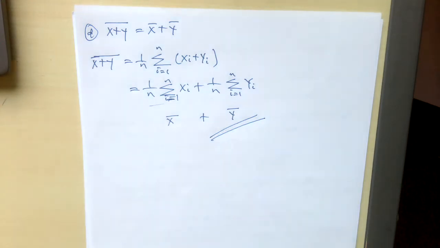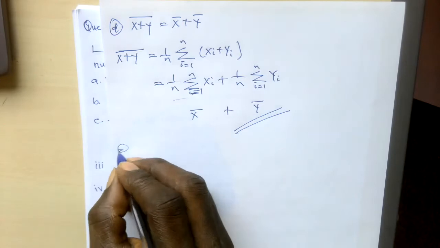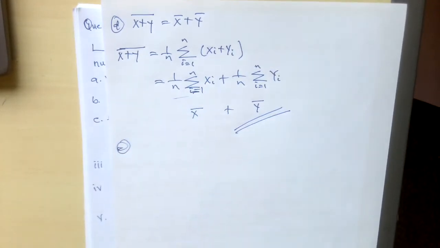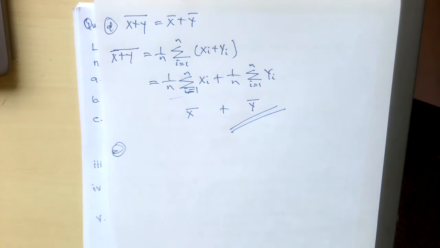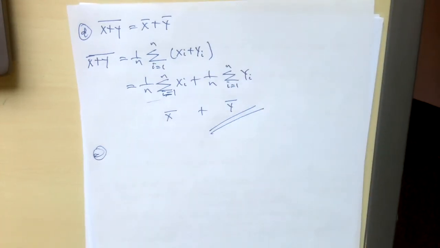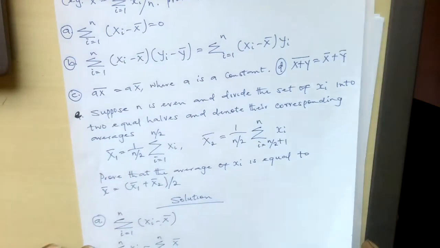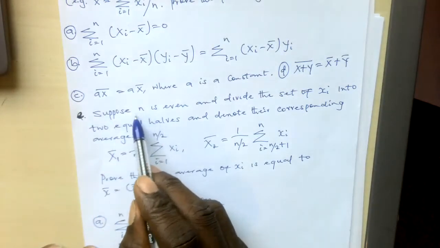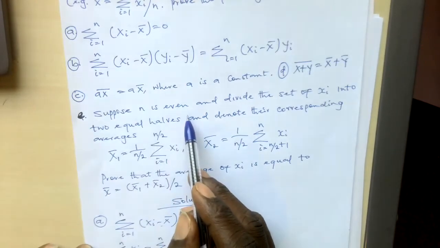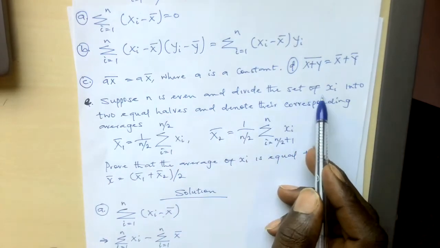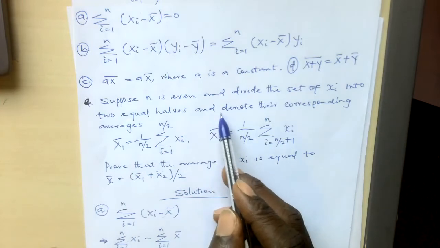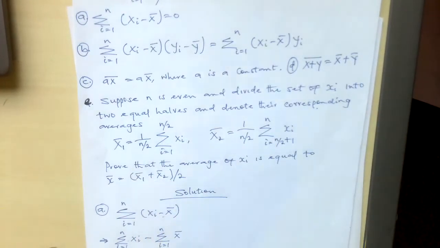Then let's go to the E part. The E part has to prove that, suppose n is even and we divide the set of xi into 2 equal halves, denoted by their corresponding averages.